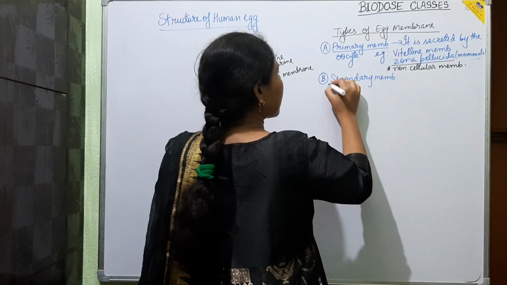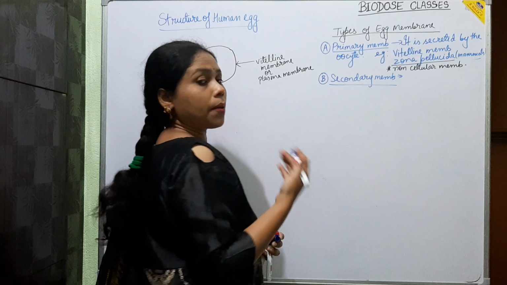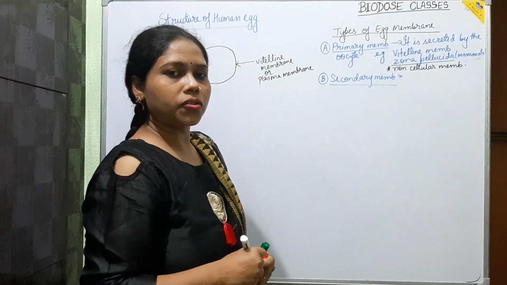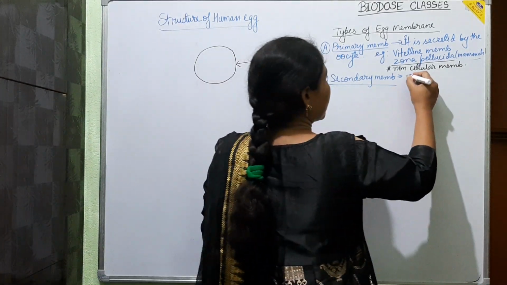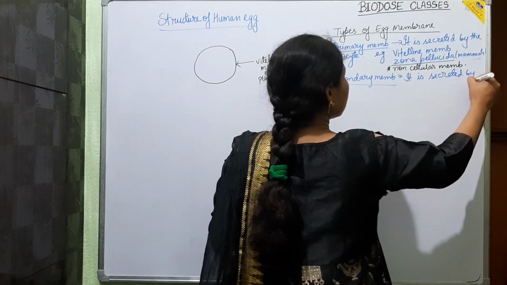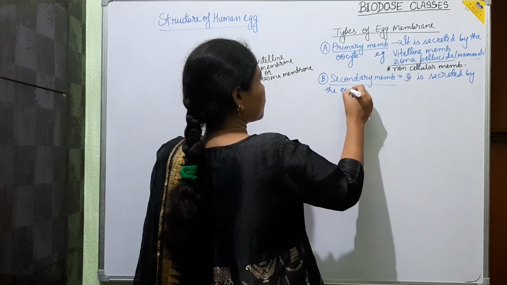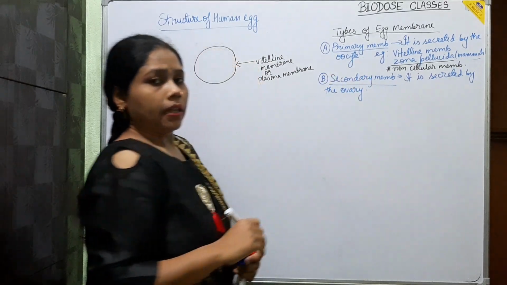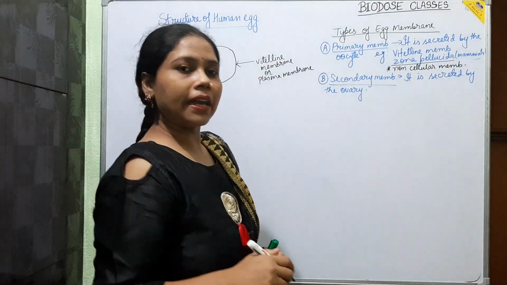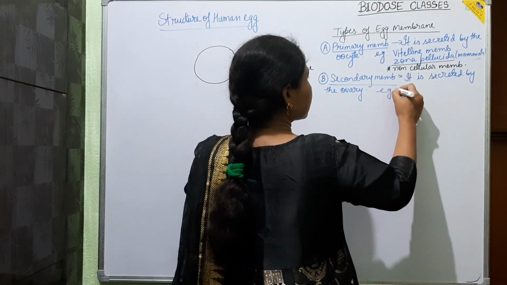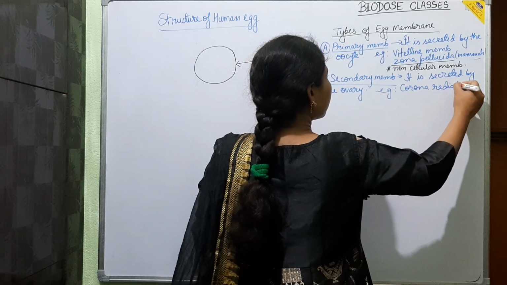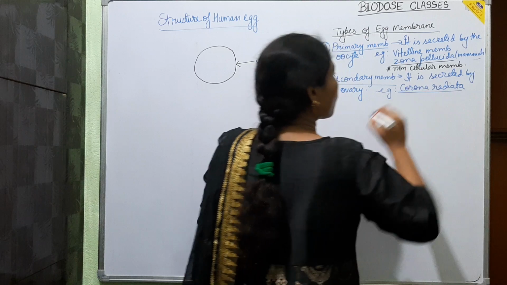Similarly, the second type of membrane is called secondary membrane. It lies just above the primary membrane. This membrane is secreted by the ovary. So the membrane which is secreted by the ovary is called secondary membrane, and we have an example, that is corona radiata. This is also an important example.